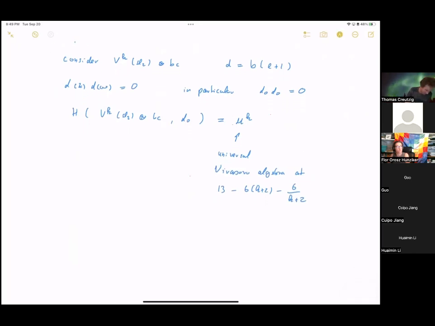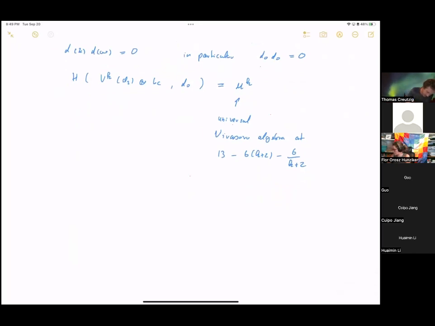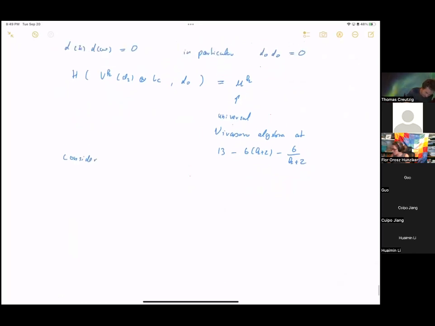Okay. Now we want to refine this a little bit. So now what can we do? We can also take not the affine VOA itself, but a larger algebra that carries an action of the affine VOA at level k. For example, the affine VOA at level k minus 1 times the integrable one at level 1, right?